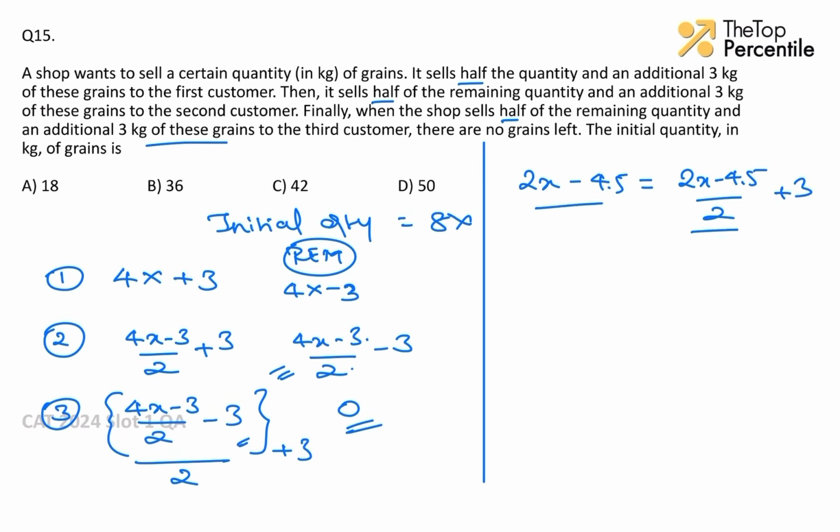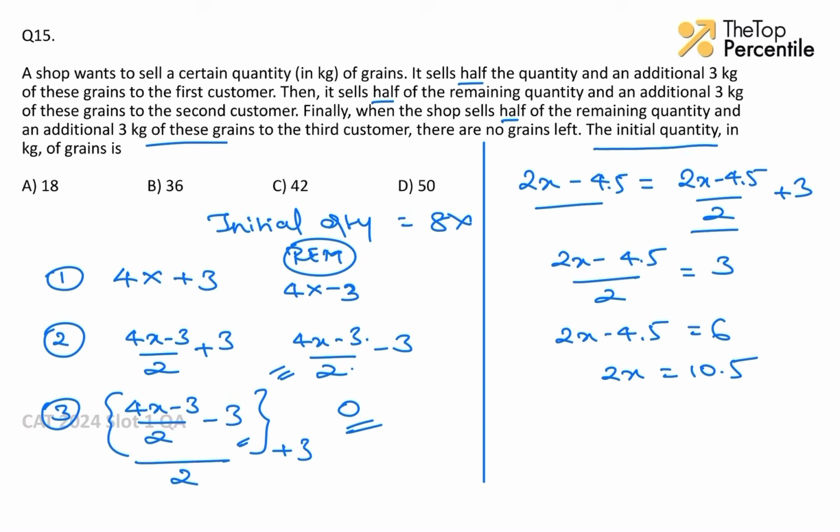So this is basically half of this. So I can write this as (2x minus 4.5) by 2 equals to 3. 2x minus 4.5 will be 6. 2x will be 10.5.